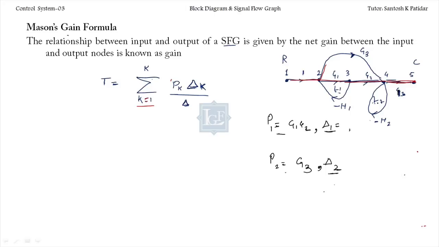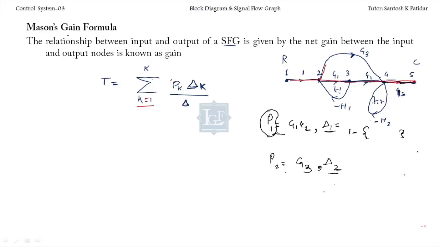So what is del 2? The definition is same. 1 minus sum of individual loops which are not associated with this path. We'll see the loops which are associated with this path only. See over here, this is the path like this. Then you will come over here, right? So 1 minus sum of individual loops, and if you are considering this path P1, your loops should not be associated with this path, means should not be touching.